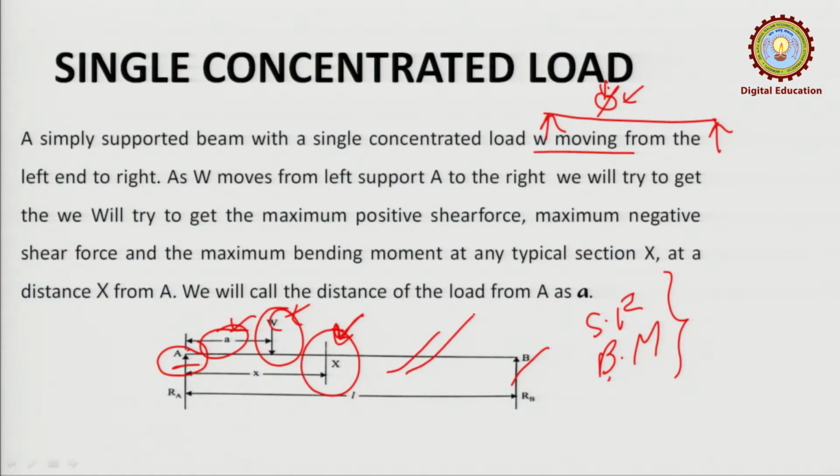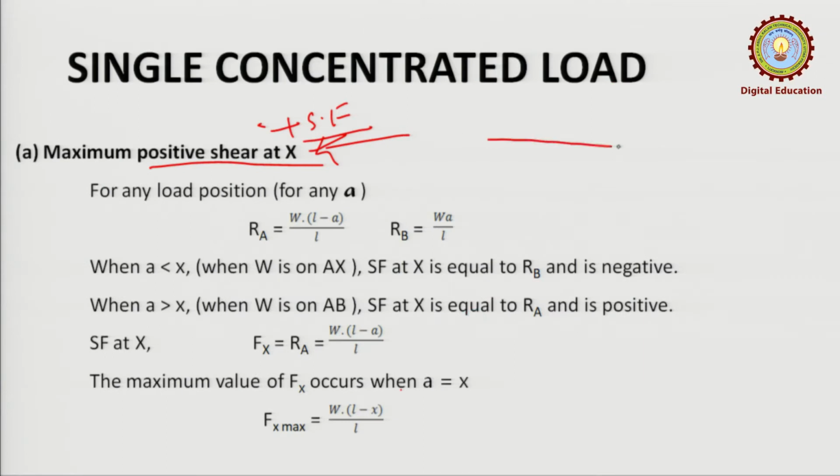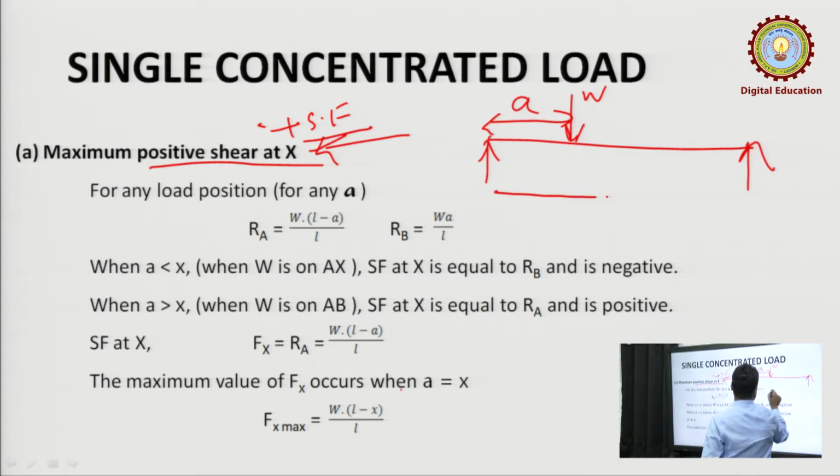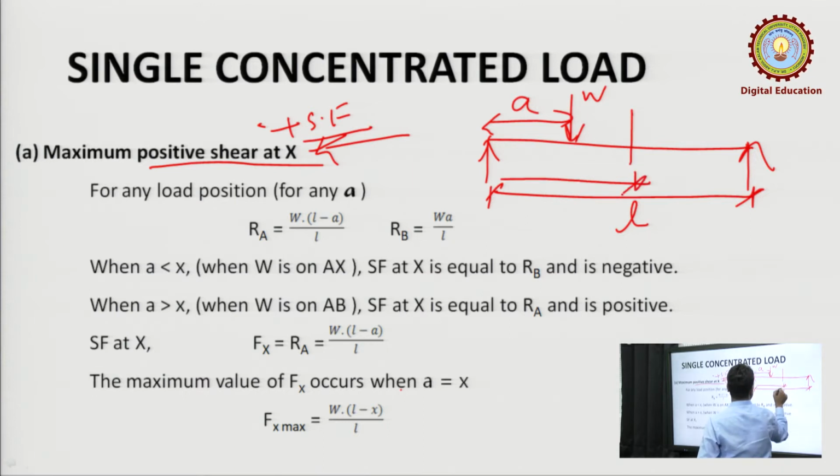We have a beam diagram given here with supports. The load is working here at a distance a, with a span length of L, and this section is X, at which we are going to draw the shear force and bending moment diagram.